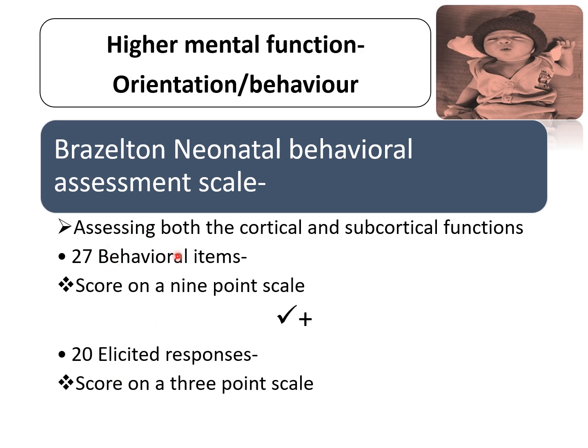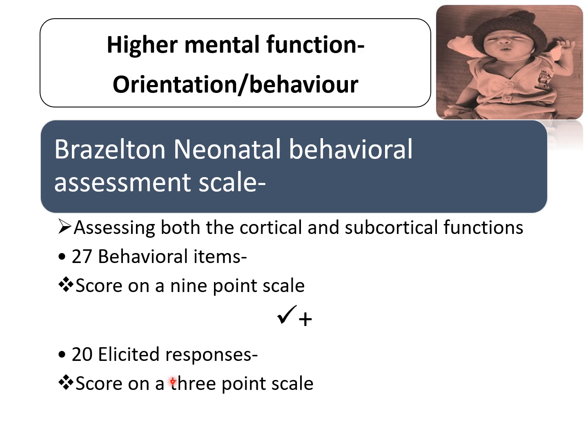So in the behavioral, we have to see the response to the various stimuli, for example the motor activity, change in the skin color, and we have to elicit the various responses, for example, grasp reflex, rooting, sucking, Moro reflex, and glabellar tap.